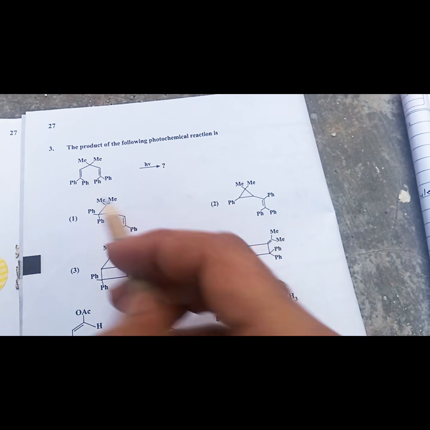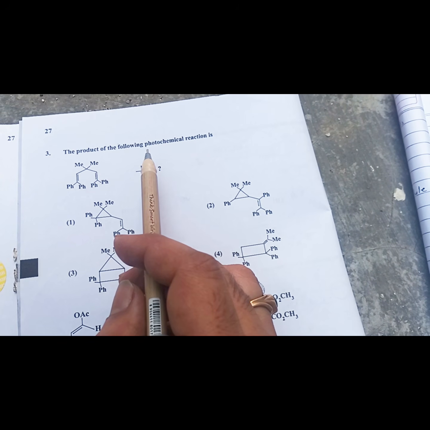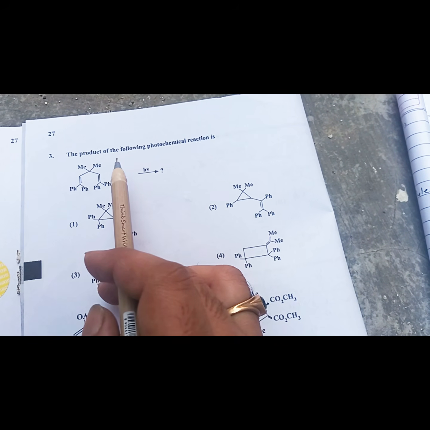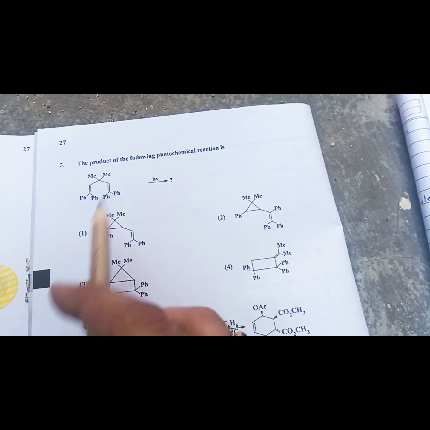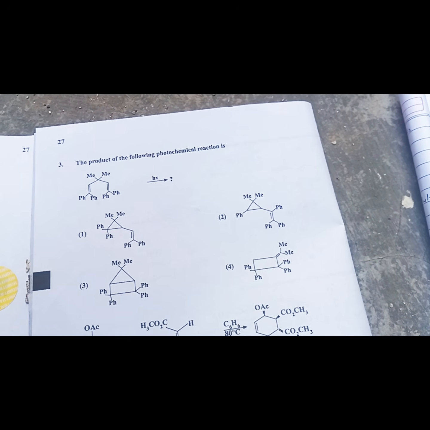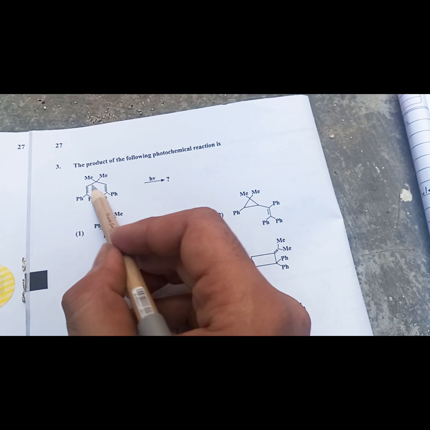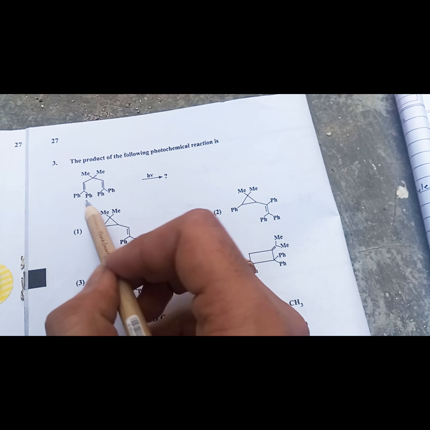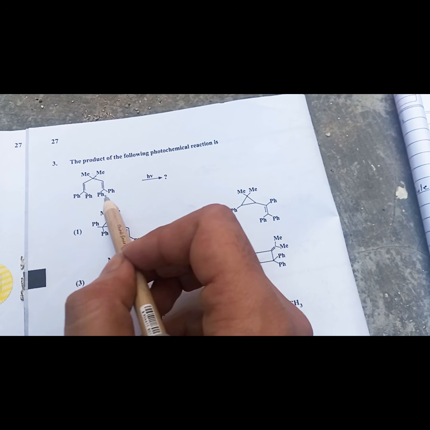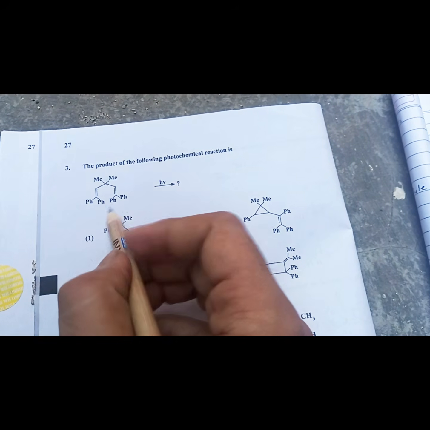Here in the third question, in photochemical reactions there are 4 reactions: Norrish step 1, Norrish step 2, and the di-pi rearrangement. This is the di-pi rearrangement. Here there is an sp3 carbon with a substitution, and there are phenyl rings.